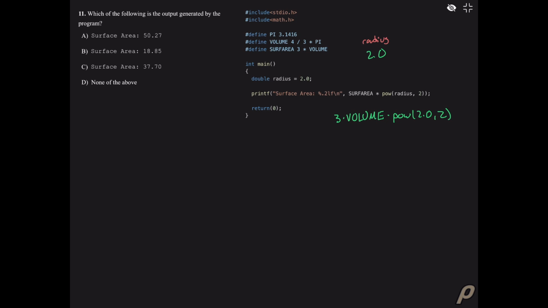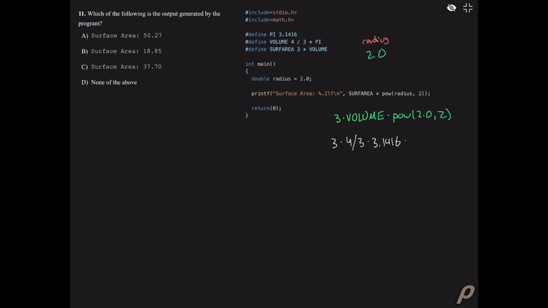So 3 times volume, and so we know volume is going to be 3 times 4 divided by 3 times pi, and we know that pi is 3.1416. I'm going to make this division a little more clear.